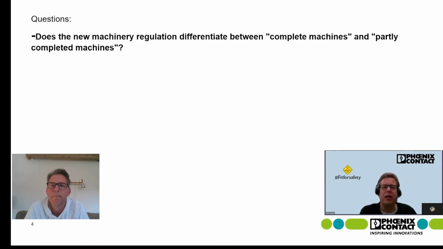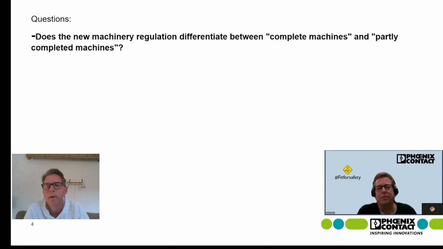Machinery product covers all aspects of machines, partly completed machines, and also safety components. So whenever the regulation talks about a machinery product, they mean the complete range of the scope. But where it just talks about a machine, then really a mechanical machine is meant. The idea behind it is that they can differentiate a little more clearly than was possible in the past by having this separation in the regulation in the future.